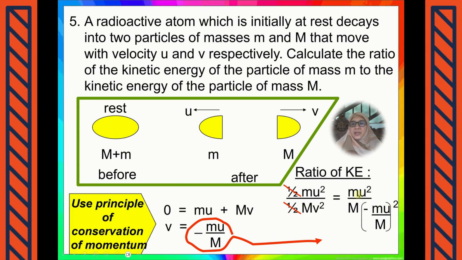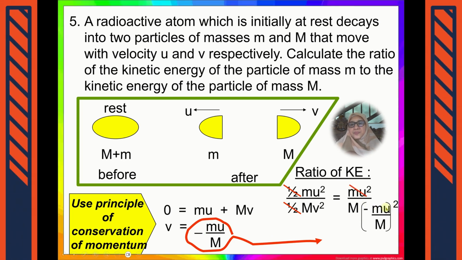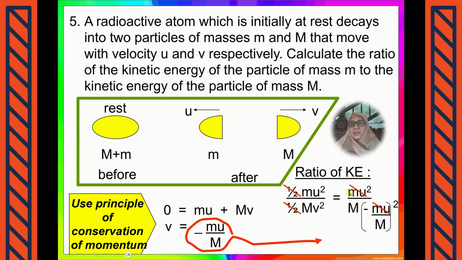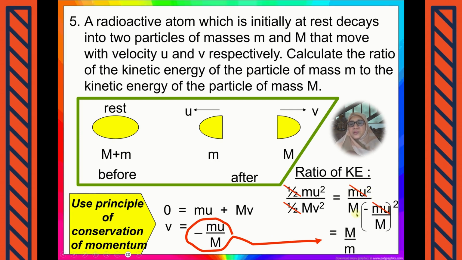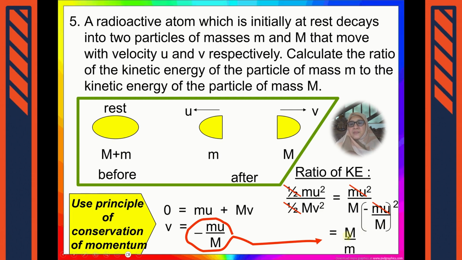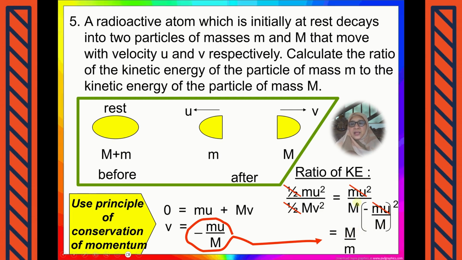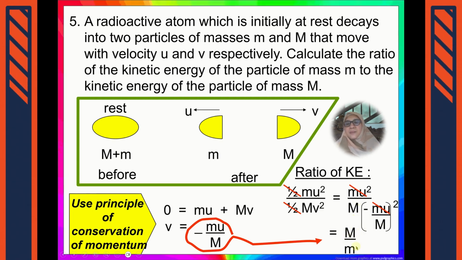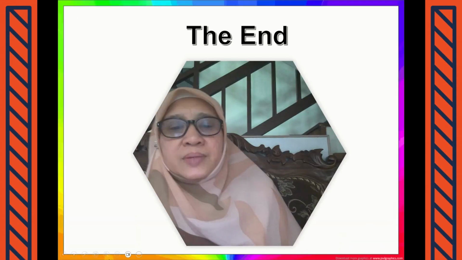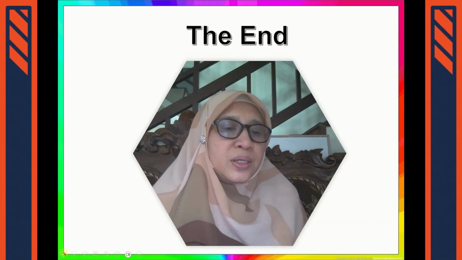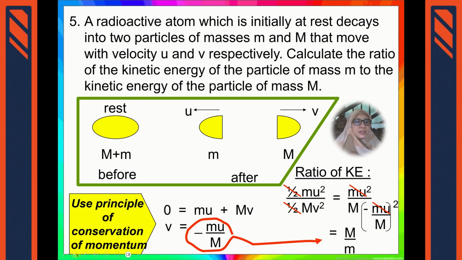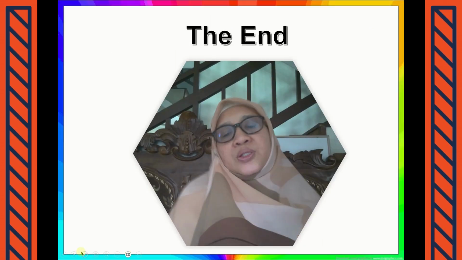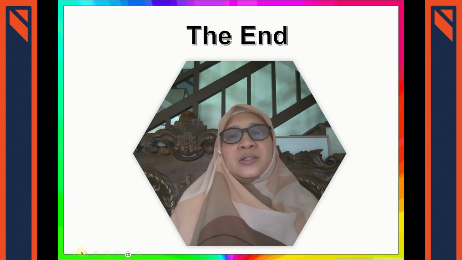Now we can cancel out u squared, so cancel out mu squared, also one of the M. So we get the answer. Bring m up. So we get M divided by m. Okay. So this is the answer. Now we finish. So we finish our tutorial 7.